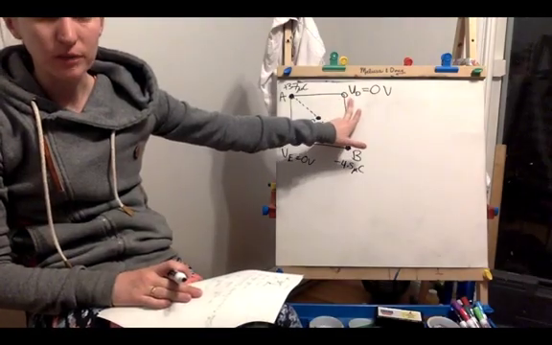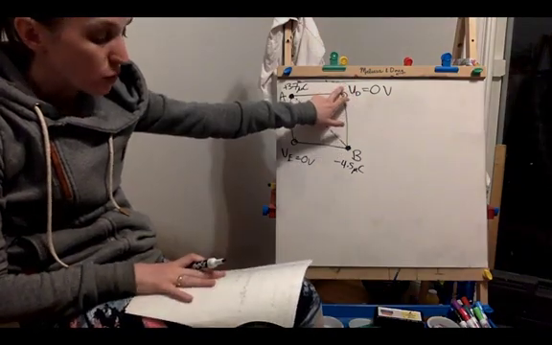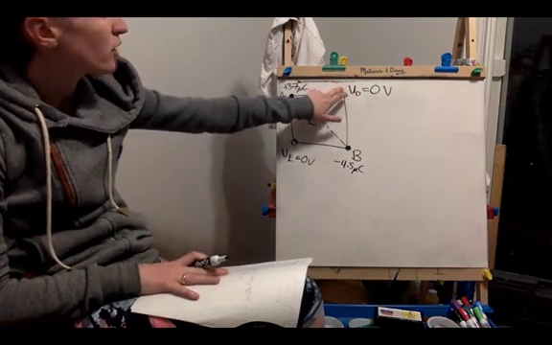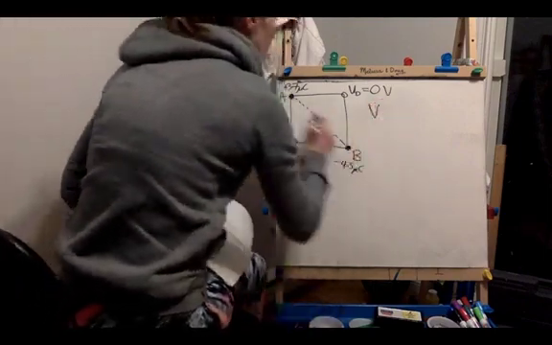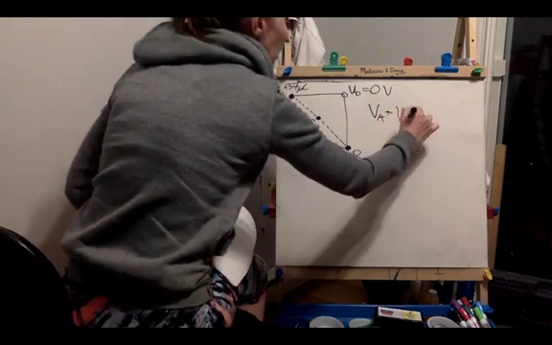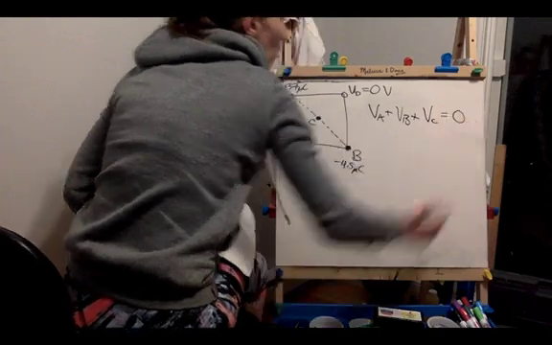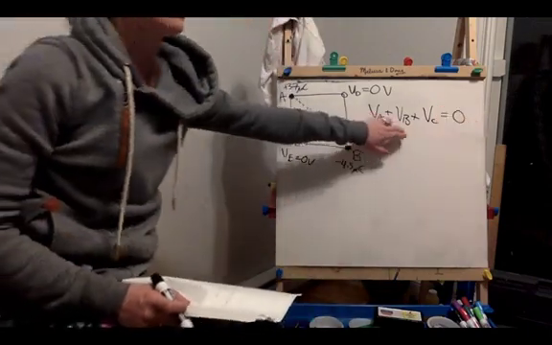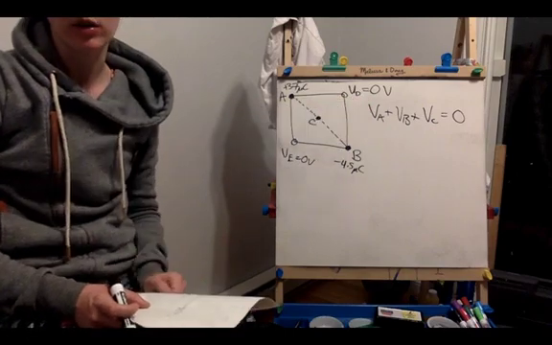So we want the electric potential difference here, the sum of all of those electric potential energies, to be 0. So we basically are saying we want the voltage from A and the voltage from B and the voltage from C, all of those electric potential differences, when added up at this point here, to equal 0.